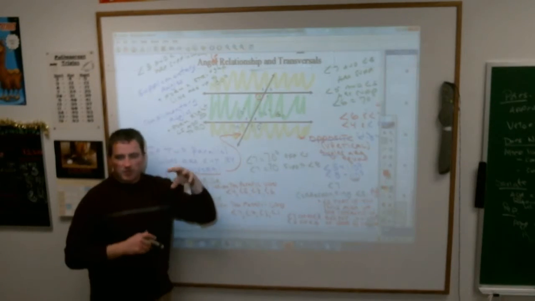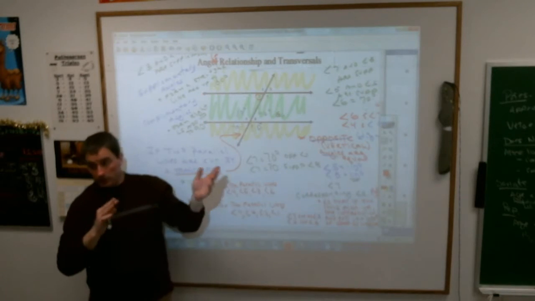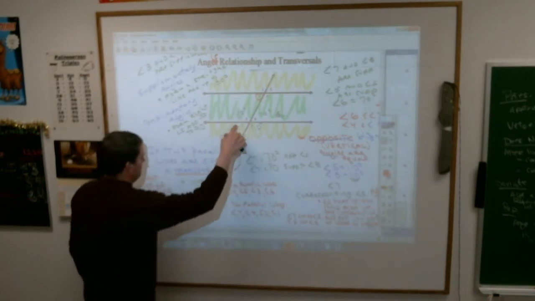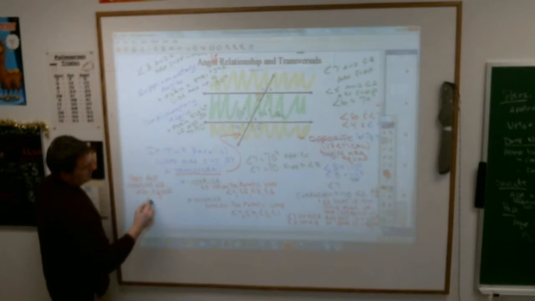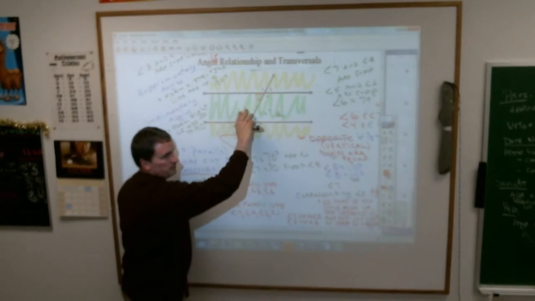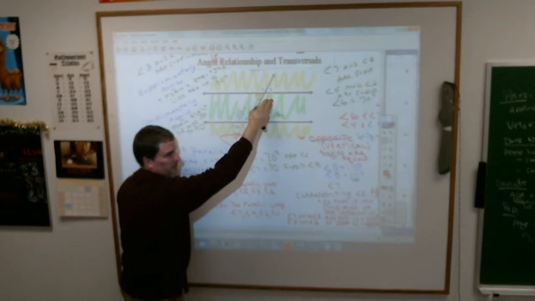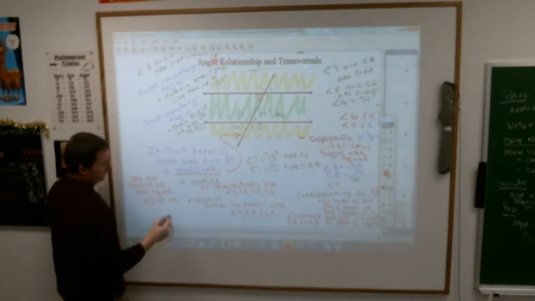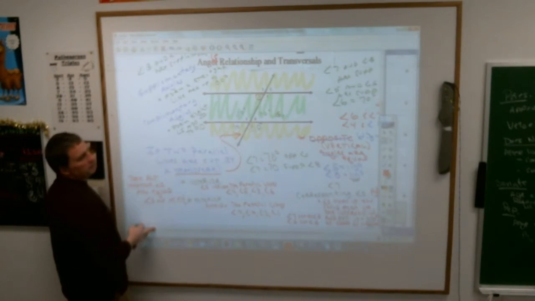Alternate means, when you alternate, you kind of flip from one side to the other. Well, angle 5 is an alternate interior angle with angle 4, whatever is flipped on the other side of the transversal. Angle 5 and angle 4 are alternate interior angles. And they're also equal.